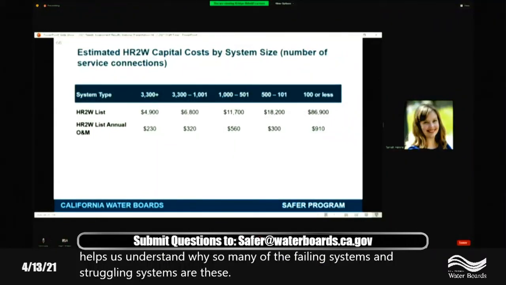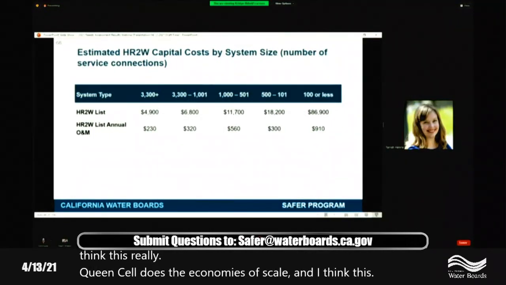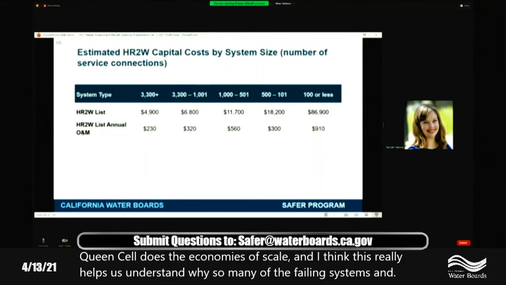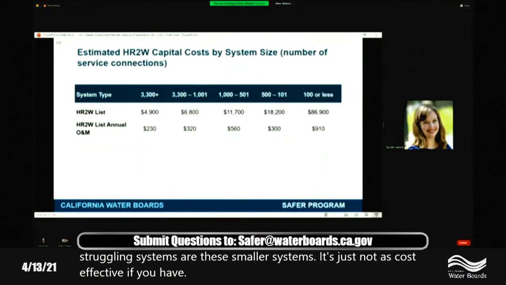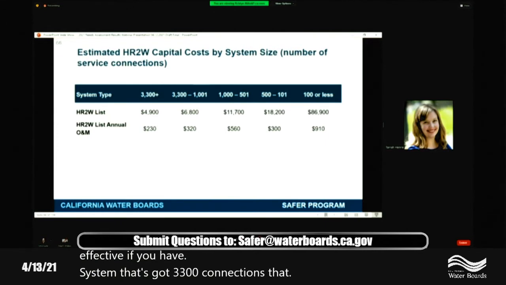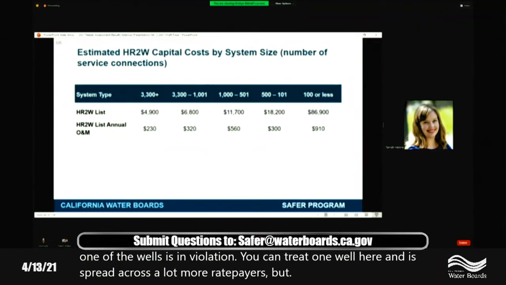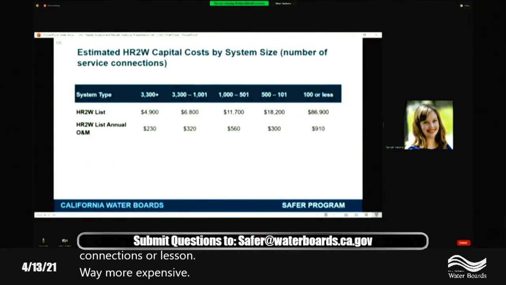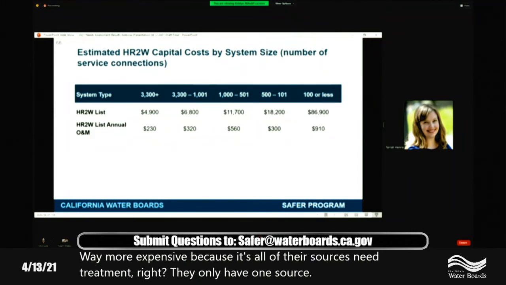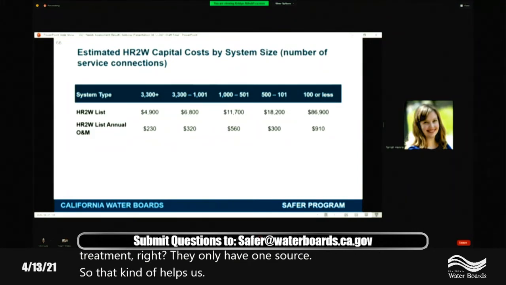If you have a system with 3,300 connections and multiple wells, and only one of the wells is in violation, you can treat that one well, and the cost is spread across a lot more ratepayers. But if you're at 100 connections or less, it's way more expensive because all of your sources need treatment, since they only have one source. That helps us understand the issue in a quantitative way.